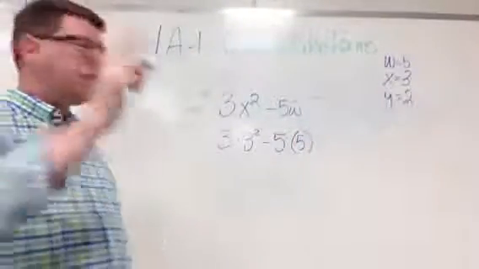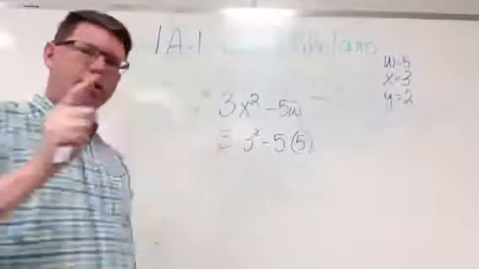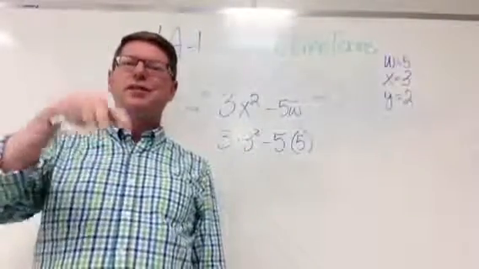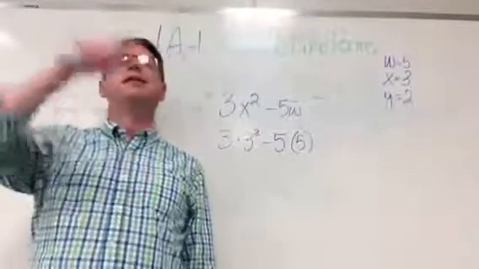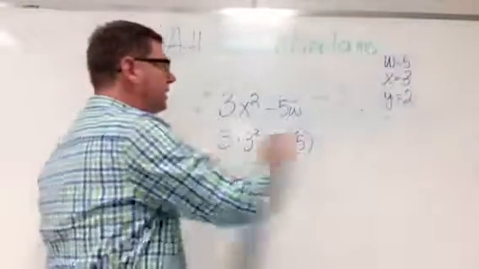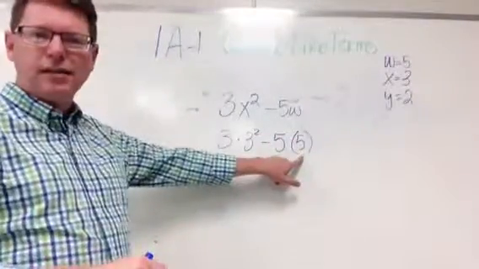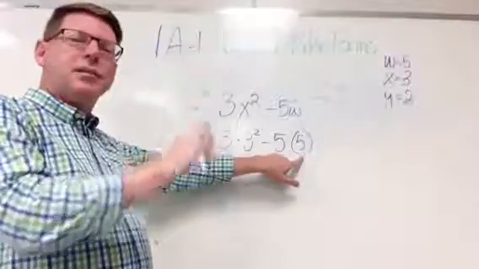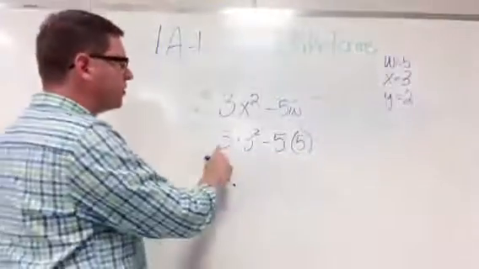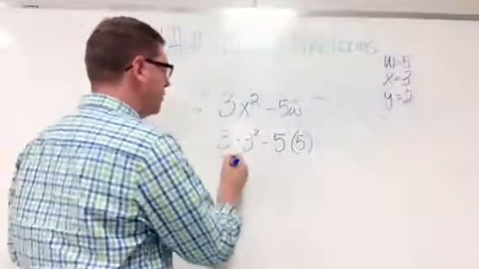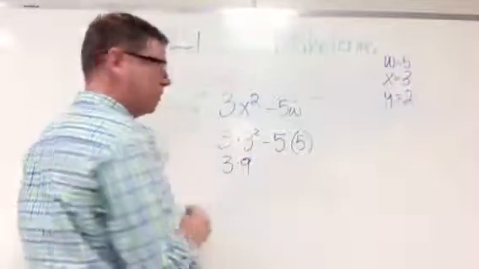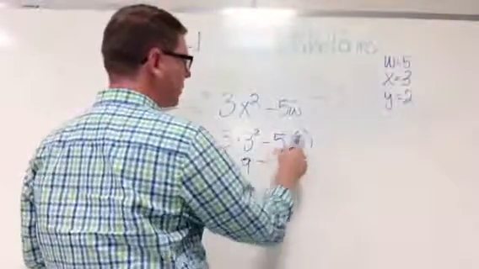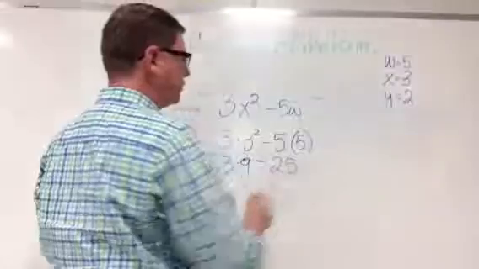Okay? Notice that I've got an exponent here. And remember, order of operations says I have to do parentheses and then exponents. Well, I don't have anything inside parentheses. This is just acting as a multiplication sign. So I've got 3 times 3 squared. Well, what is 3 squared? 9. Minus, what's 5 times 5? 25.